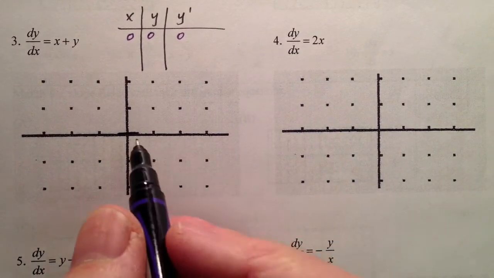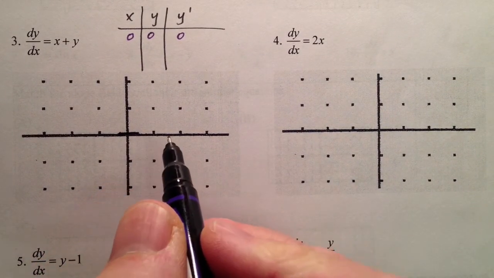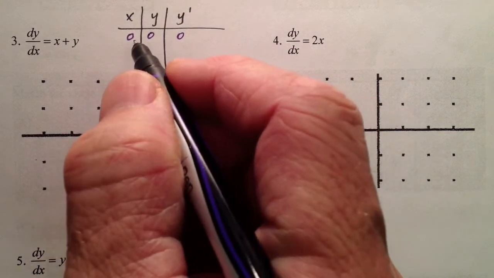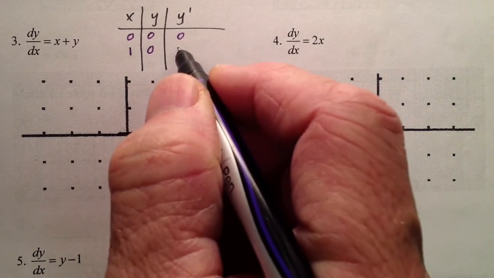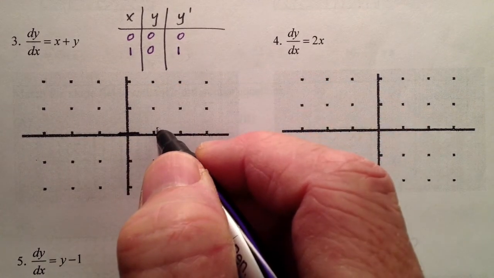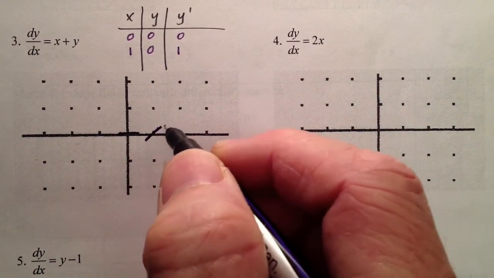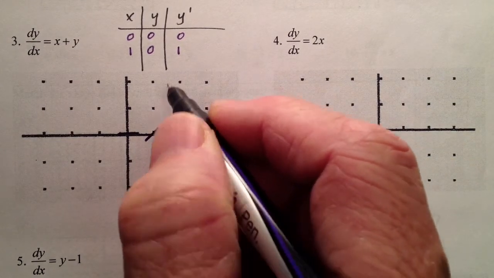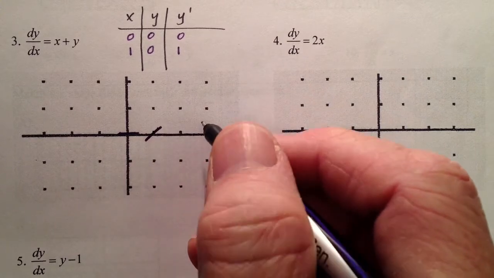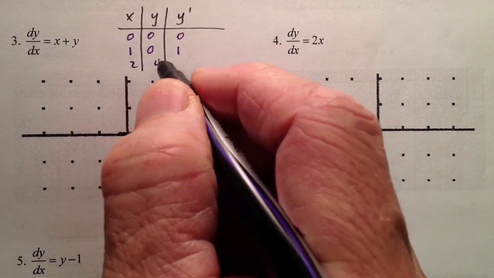Nothing fancy there. So we're going to draw a line segment with a slope of 0. And then we would do the same thing for all the points. 1, 0: the slope would be 1 plus 0, which is 1. So we draw a line segment at the point 1, 0 that has a slope of 1. And then let's pick 2, 0.